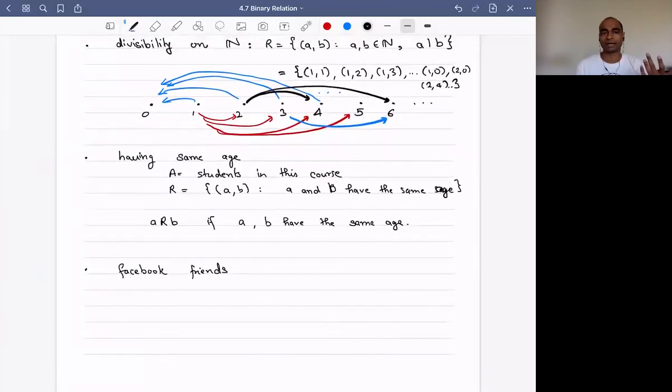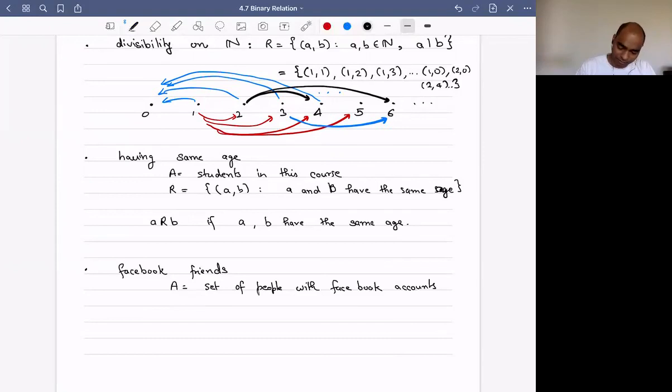Another very practical example is being friends on Facebook, let's say. So you can have A as the set of all people with Facebook accounts. The relation is pairs A and B such that A and B are Facebook friends.